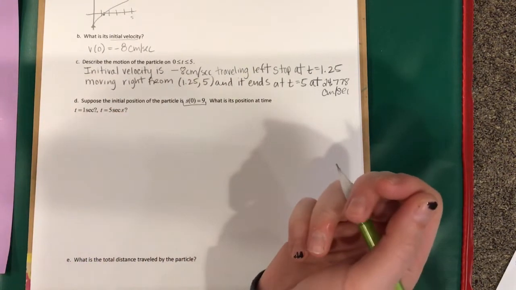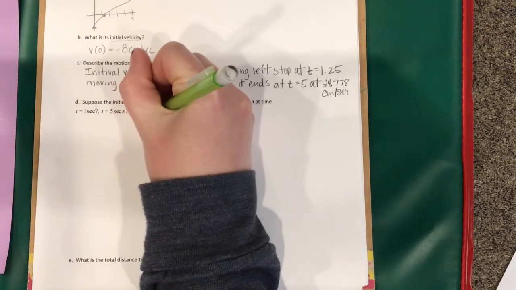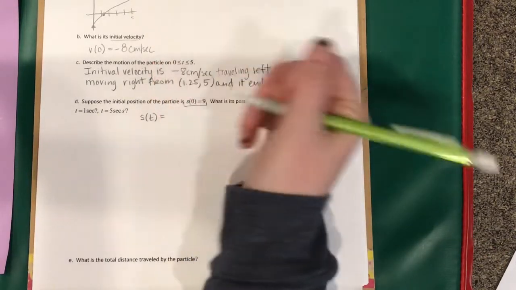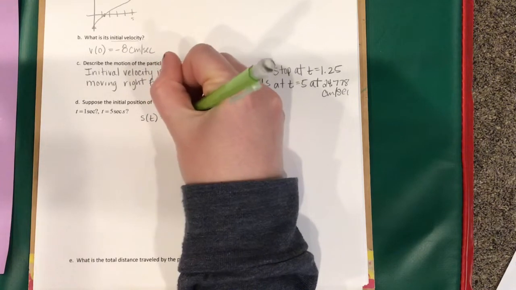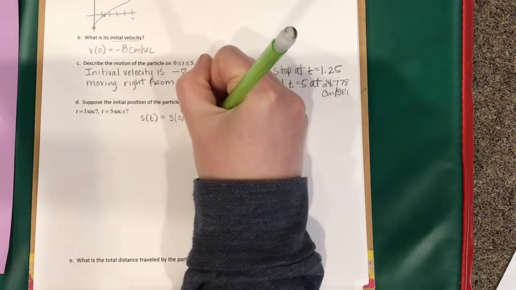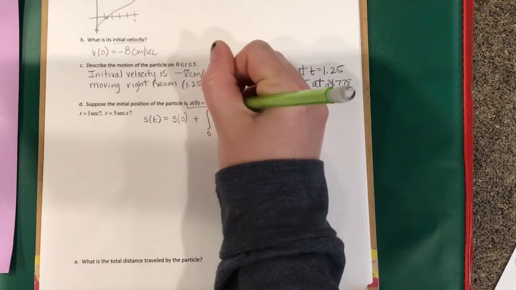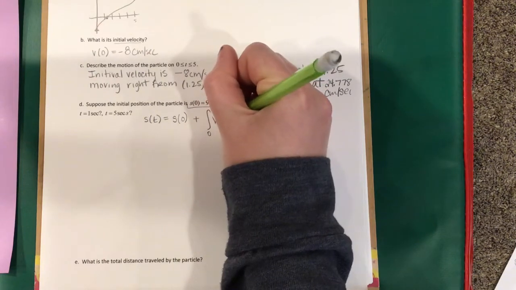So one of the things that you guys are going to want to know is that if you're looking for the position, so say I'm trying to find s of t, and I'm starting with my velocity function, well, what you're going to end up doing is s of 0 plus your displacement from 0 to t of v of t dt.